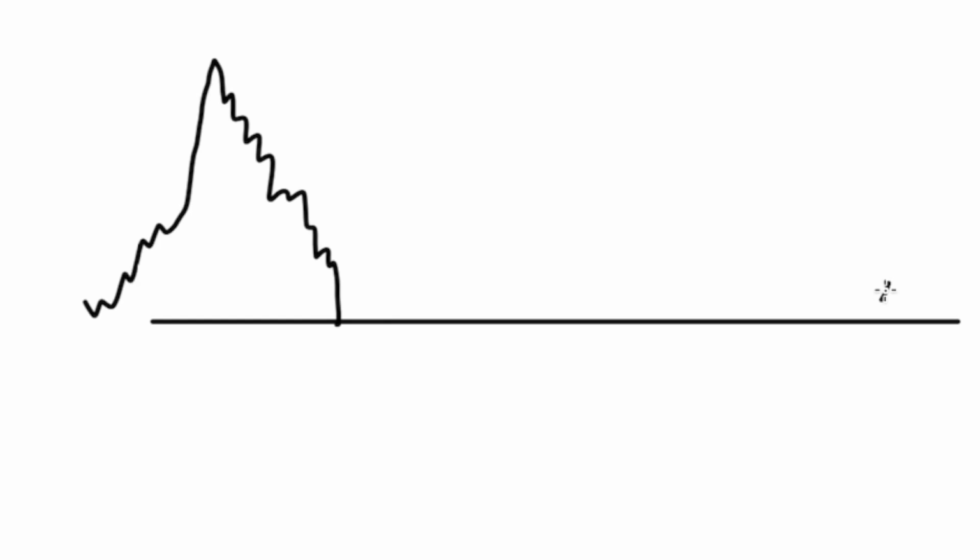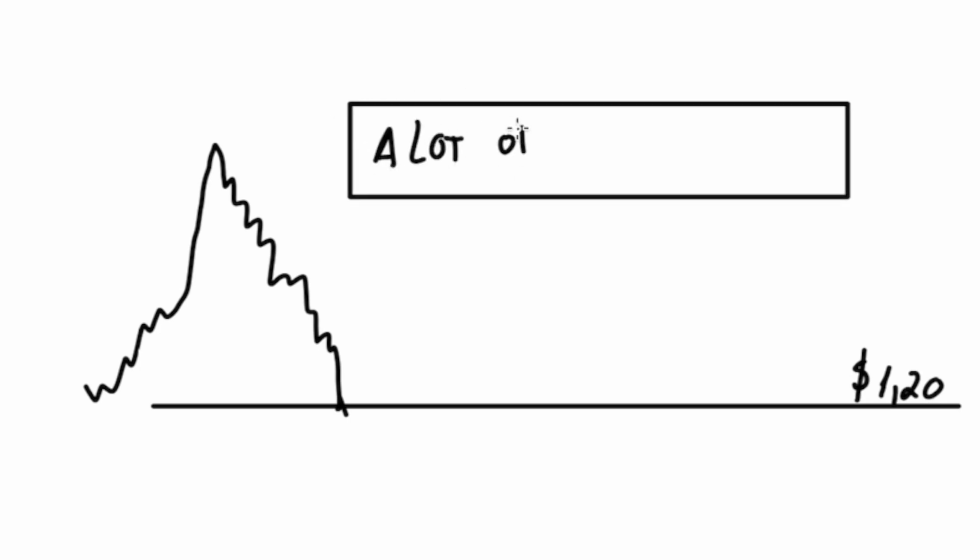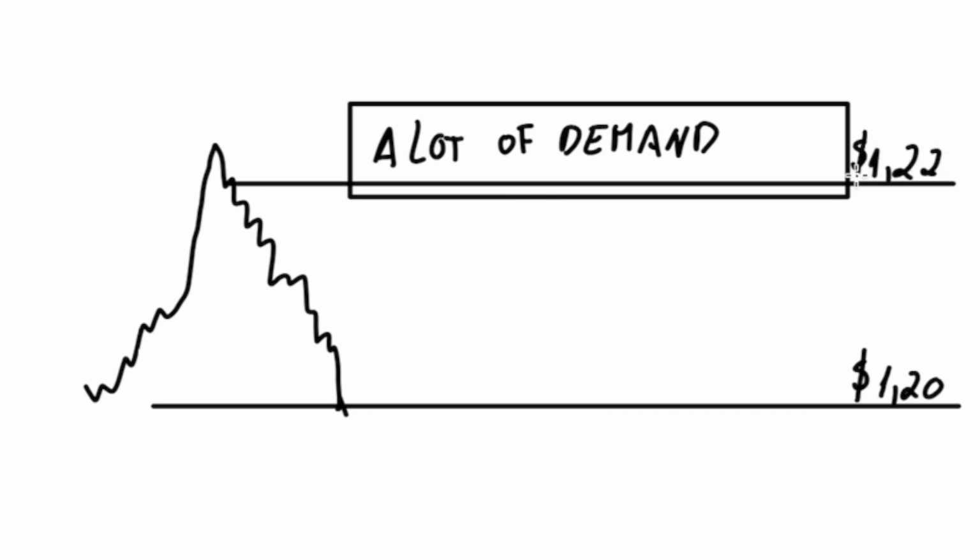Let's say that the price is at $1.20. Well, they can't just place a market order like we do, because it wouldn't be completely filled. But let's say that there are a lot of people wanting to buy at $1.22, meaning that there is a lot of demand there. Maybe a lot of stop losses or simply buying sentiment.